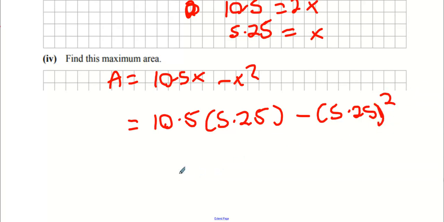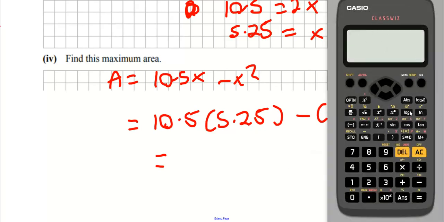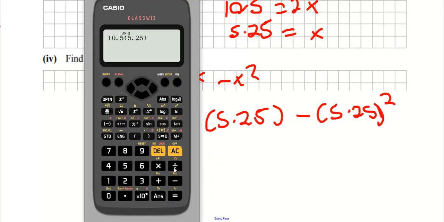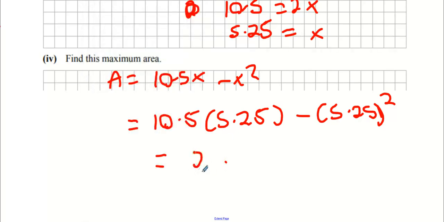Okay, put that into your calculator, and we'll find that it's 27.5625. And that is our maximum area.